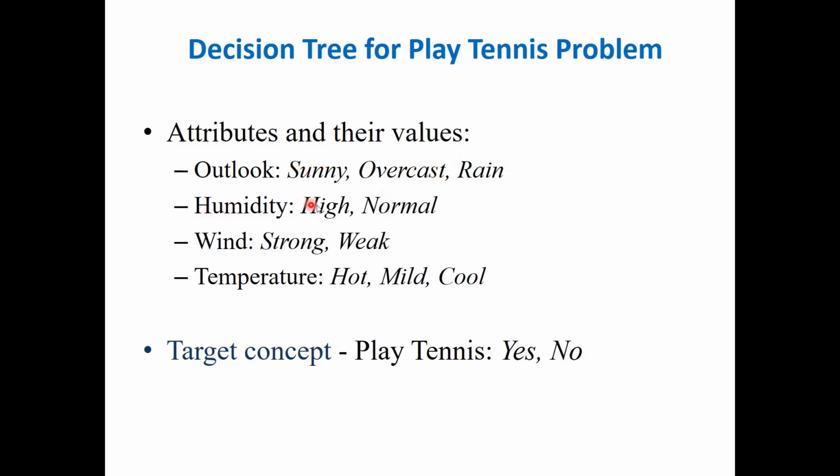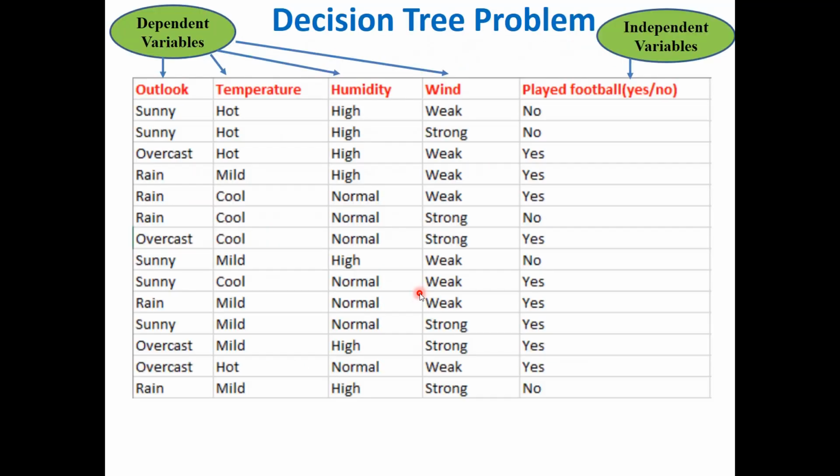Humidity has two values, high and normal. Wind has two values, strong and weak. And temperature has three values, that is hot, mild, and cool. And one target concept, that is the output, is there. So whether a player will play tennis or football, or will not play tennis or football.